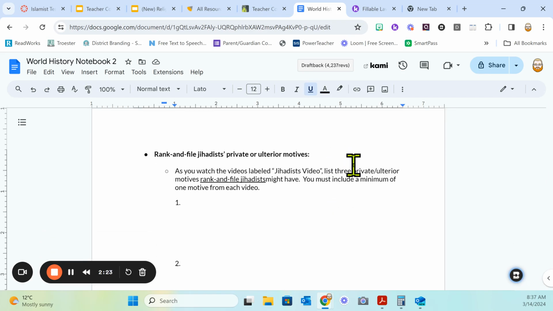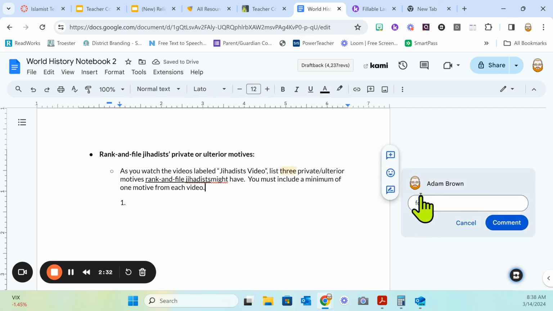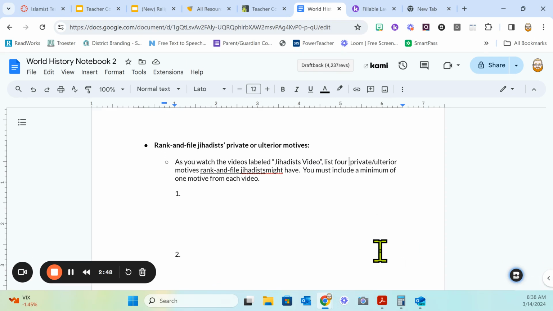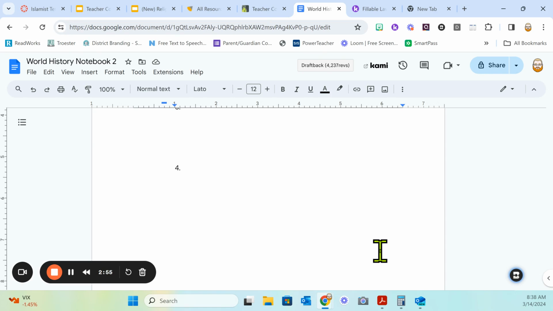Boy, nothing about that is right. You need 4. And that's why next year's notebooks are going to have some changes from this year. All right. So that should say 4. Everybody got that fixed? All right.